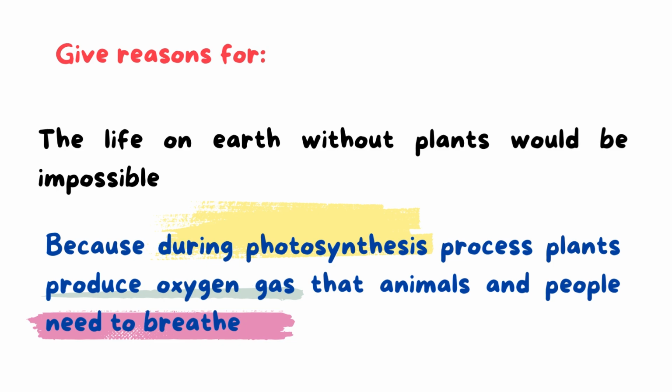As we know, in the photosynthetic process, what happens? The plant produces oxygen gas, and this oxygen gas moves out from the leaves through the pores, which are stomata, yes, and the animals and people breathe this oxygen.